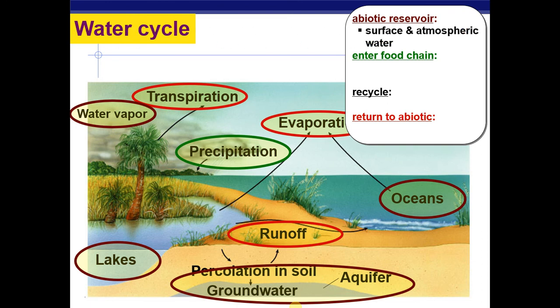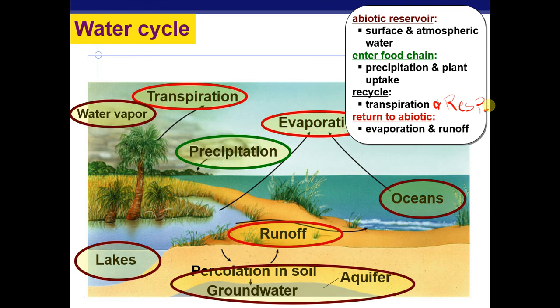So, surface and atmospheric water, lakes, oceans, groundwater, water vapor, are abiotic reservoirs. It enters the food chain through precipitation and plants uptaking it through their roots. It's recycled through both transpiration and respiration.